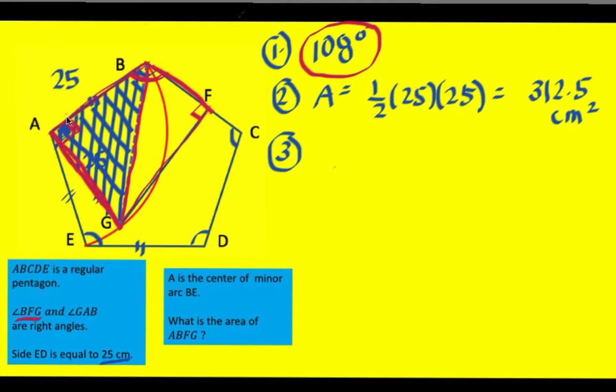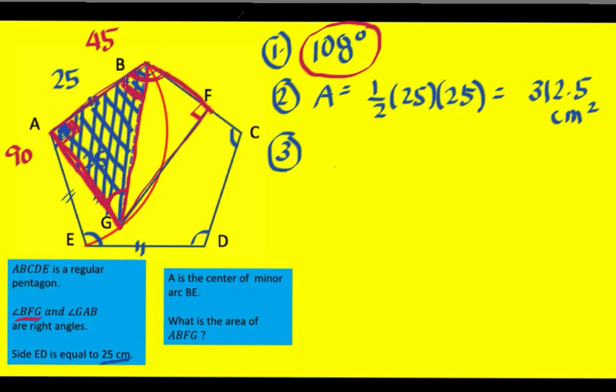So what we have here is an isosceles triangle, and since the triangle is isosceles, the base angles are equal, and knowing that one of the angles is already 90, then it follows that this small angle here and this other angle here must be equal, and each of them is equal to 45 degrees. So 45 plus 45 here is 90, plus the other 90 gives us a total of 180 degrees, which is the sum of the interior angles of a triangle.